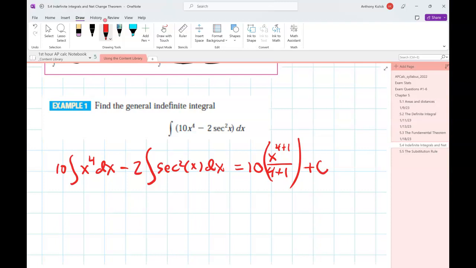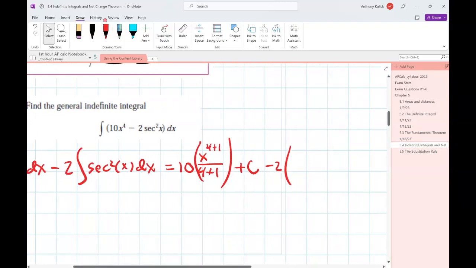Plus c. It doesn't matter because 10 times c is still just a constant. So you don't have to. You could, if you wanted, write 10c. It's not wrong. But 10 times the constant is still a constant. We haven't named what the constant is. Still just a constant.